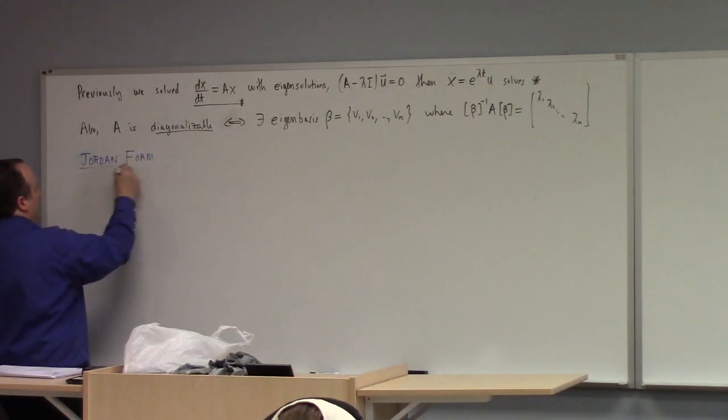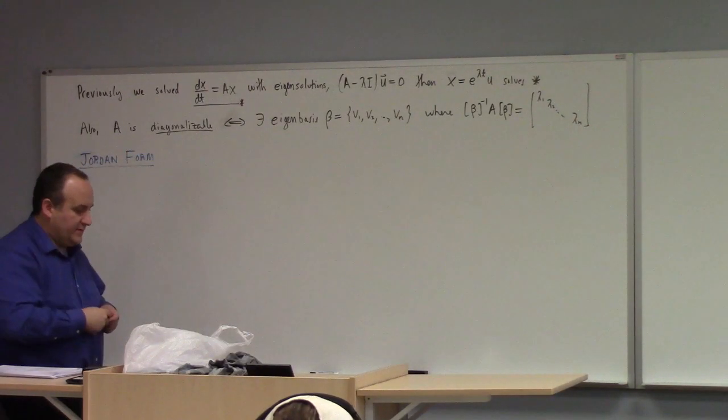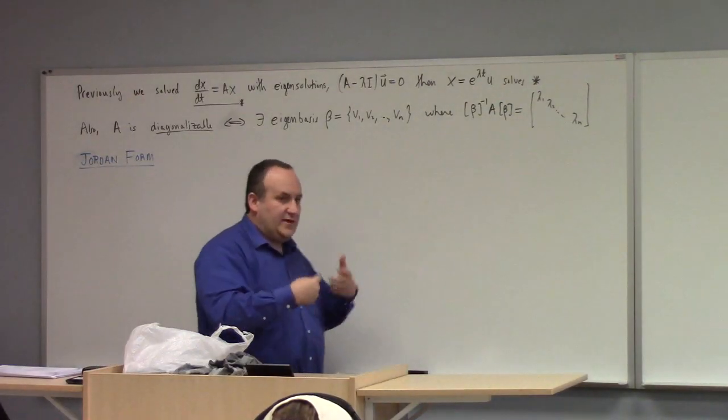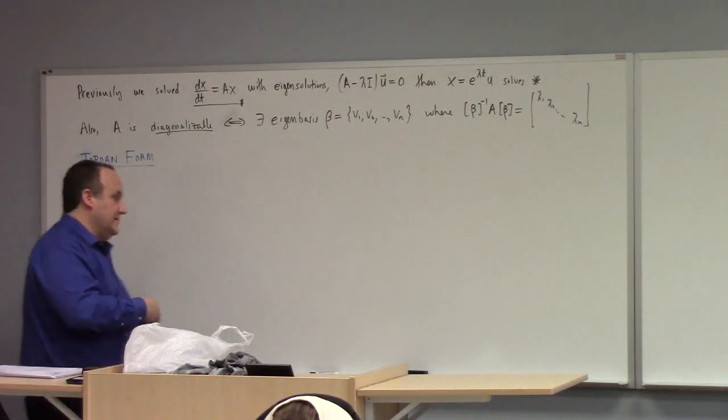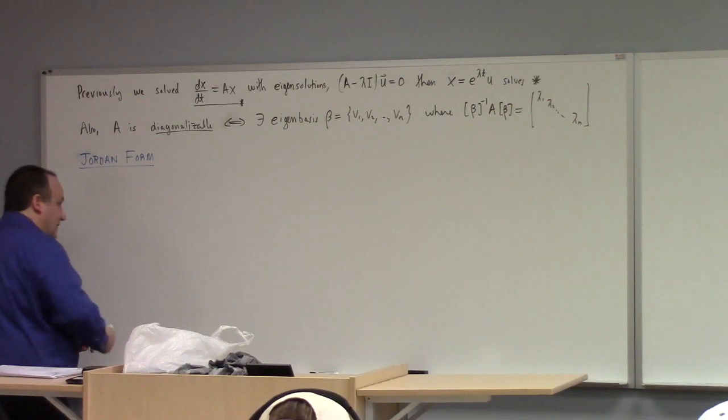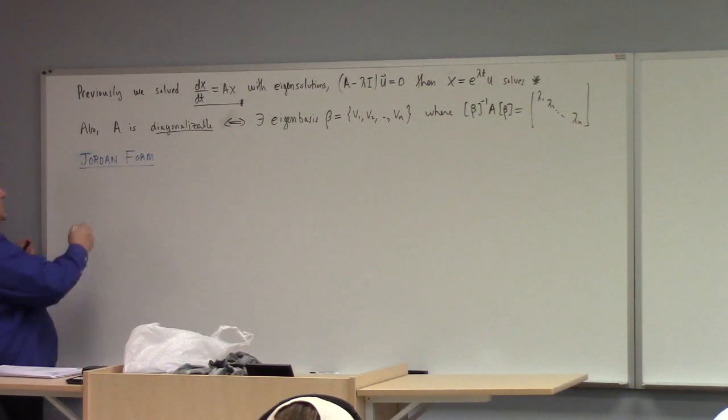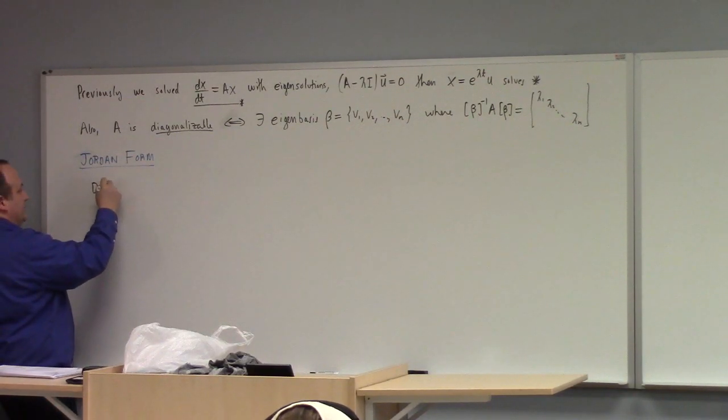All right. And so in order to talk about the Jordan form, I need to define some new kinds of vectors for us, so we can appreciate the form. So let me start with that. Definition.